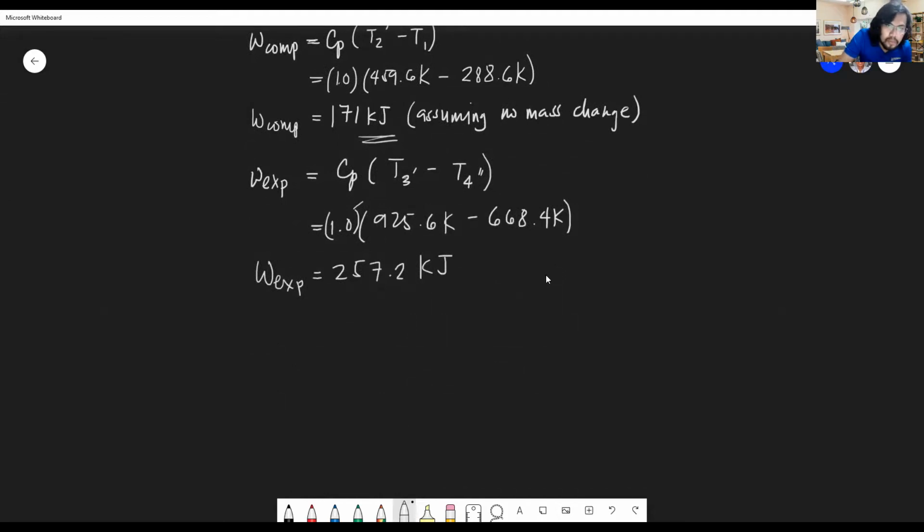So our W net now is 257.2 kilojoules minus 171 kilojoules, and this is 86.1.